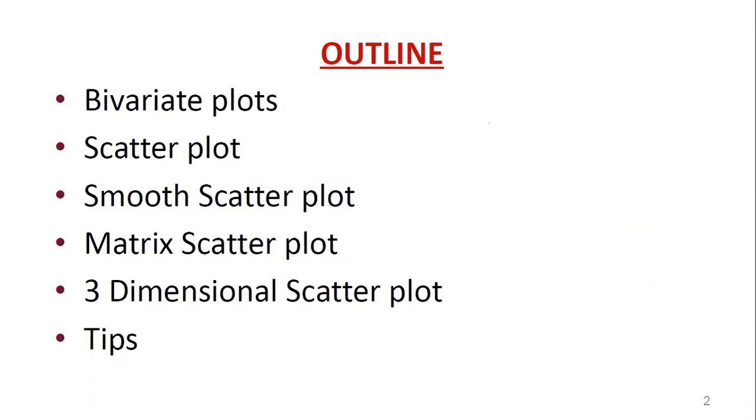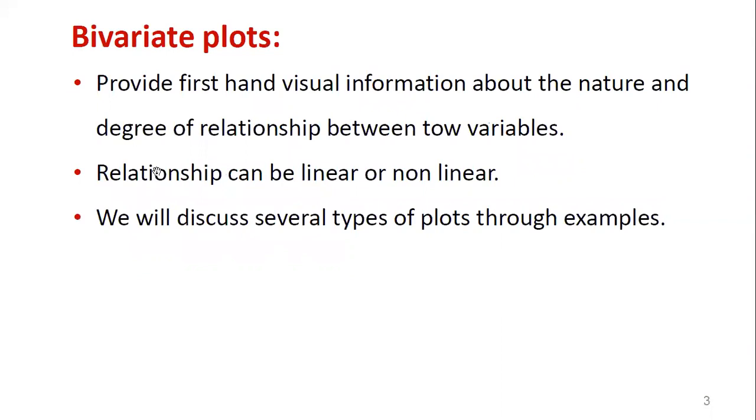One of the major plots here is the scatter plot. Under scatter plots, we have the smooth scatter plot, the matrix scatter plot, and the three-dimensional scatter plot. We'll discuss all these types of scatter plots with example demonstrations.